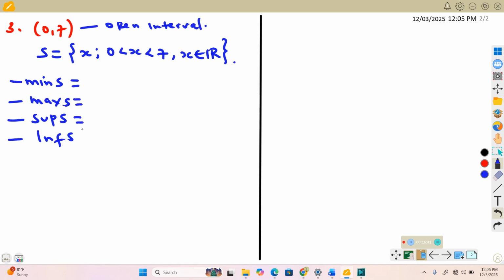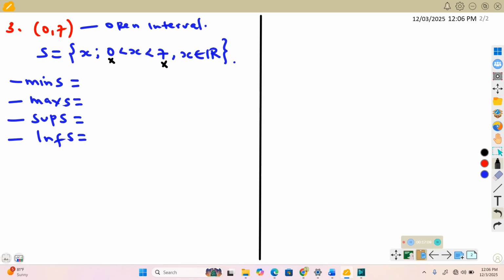To look at the maximum and the minimum, as we said, those elements must be part of this set. This set does not include 0, it does not include 7. So the only elements which are included are the elements between 0 and 7. The endpoints are not included here.